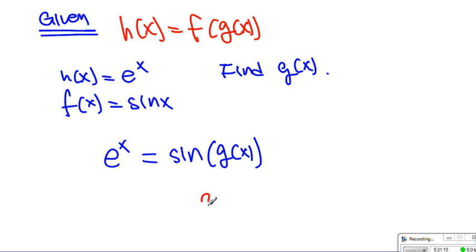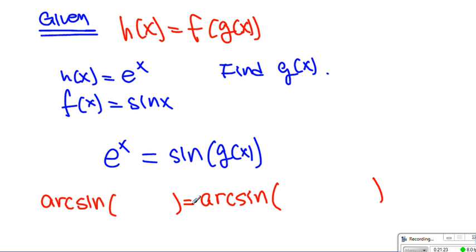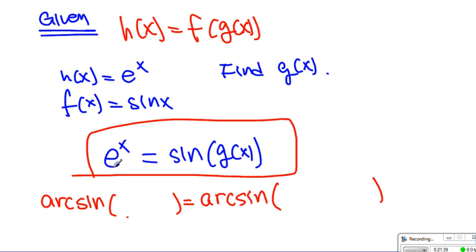So what if we have arcsine here, and same here. The reason why I'm using arcsine is because it is the inverse of sine under composition. Given that both sides have arcsine, as long as the values that go in are equal to each other, then you will realize that the equation is still satisfied.